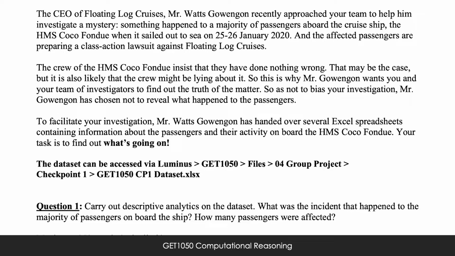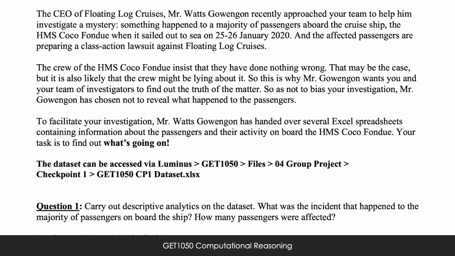This is why the CEO wants you and your team of investigators to find out the truth of the matter. So as not to bias your investigation, the CEO has chosen not to reveal what happened to the passengers, so you have to figure it out on your own. To facilitate the investigation, the CEO has handed over several Excel spreadsheets containing information about the passengers and the activity.